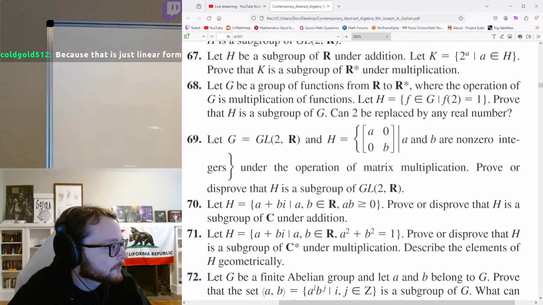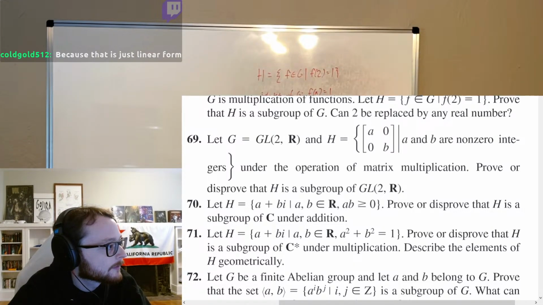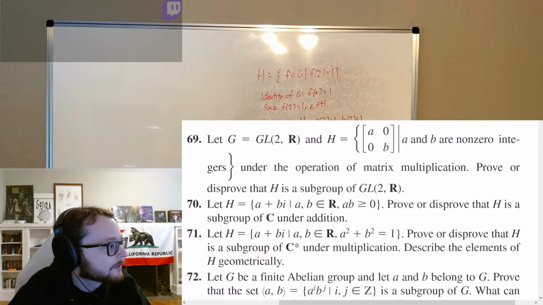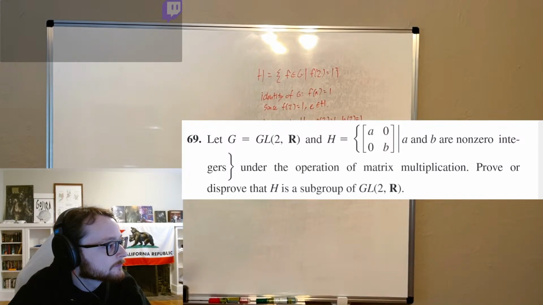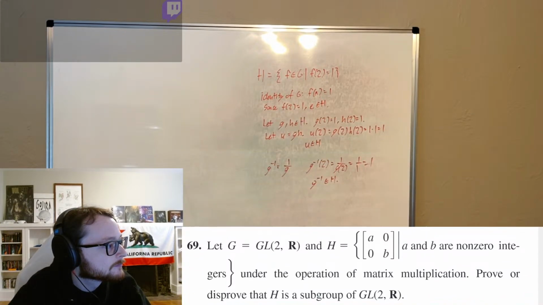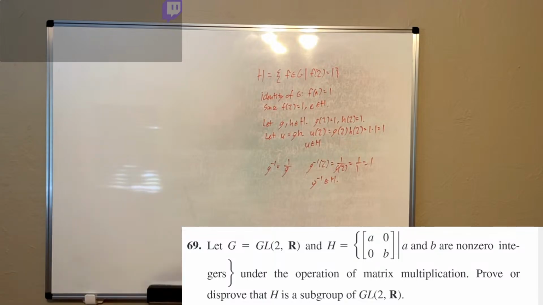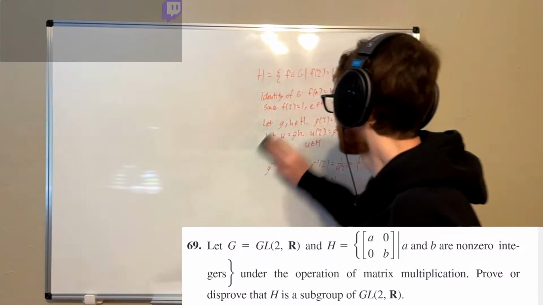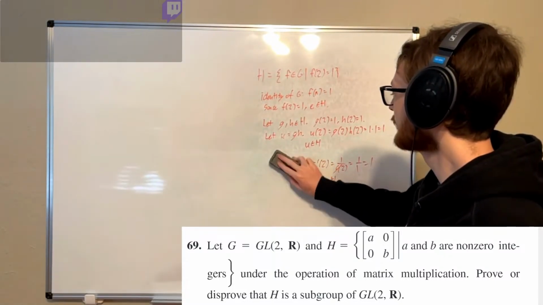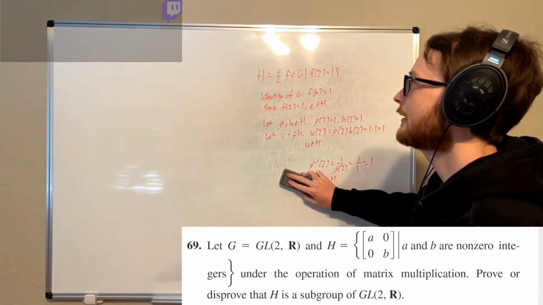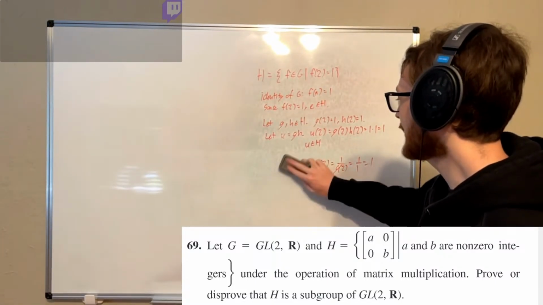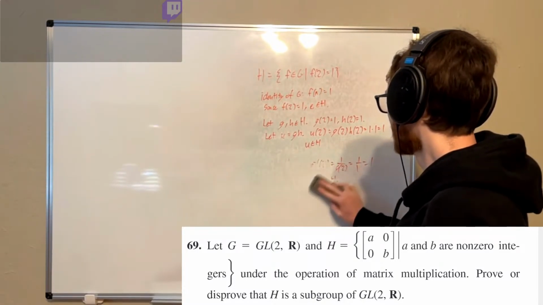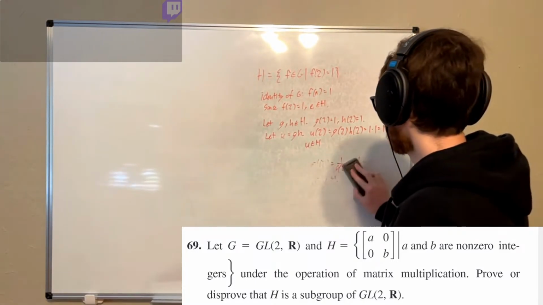So let's just give a counterexample for 69. Or wait, I'm sorry, it is closed. It doesn't have inverses. I don't know what I'm doing.